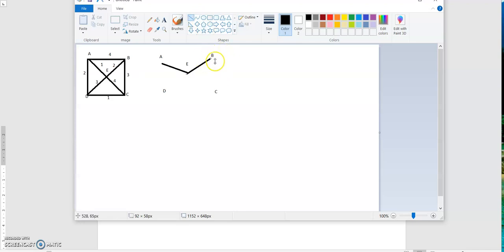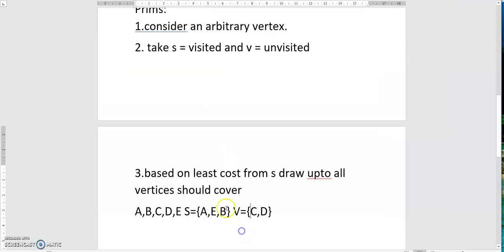From B we need to check the minimum cost attached edge. B is connected to A, which is 4, to C, which is 3, and to E, which is 2. B to E is already completed, so we need to check only B to A and B to C. If we take B to A, it also leads to a loop and it is greater than BC, so we take BC. Draw a line BC, and change the sets here also.